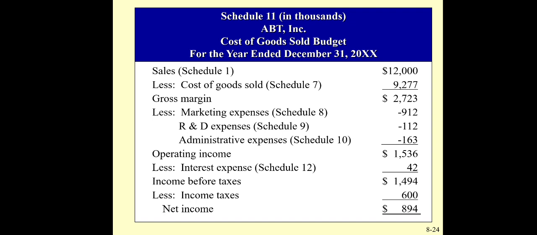Even though in schedule number 11 you can see the interest expense refers to schedule number 12, the amount is 42,000. But don't worry. If you have to do this cost of goods sold budget, the question will give you the interest expense amount.